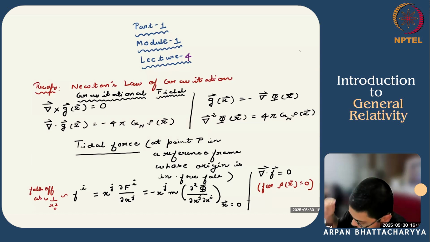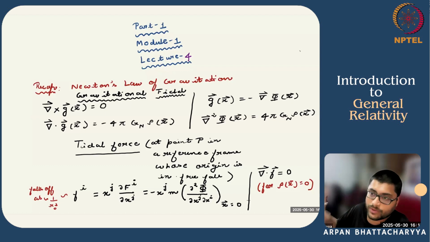So in vacuum, Newton's law of gravity can as well be reformulated in terms of this tidal force. The important point you should keep in mind is that this tidal force plays a role in distinguishing the effects of gravity from those of inertial or pseudo forces.